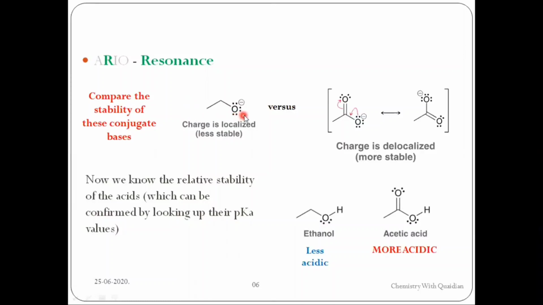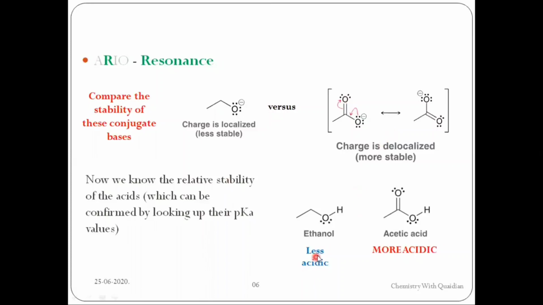When you form the conjugate base, H is removed and the lone pair or the negative charge moves onto the adjacent atom. In both cases, there is oxygen, so the negative charge moves onto the oxygen. In the case of ethanol, there is no double bond, so the charge is localized on the oxygen atom, so it will be less stable. And in the case of acetic acid, there is a double bond in the carbonyl, C double bond O. So this negative charge will now be delocalized, and the more resonance structures a compound has, the more stable it is.